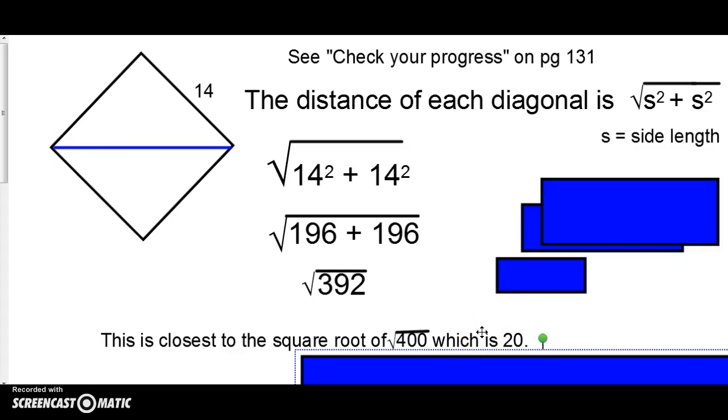They gave us the formula. We just plugged in the 2 sides, squared them, added them, and then found the square root. And what is it closest to? You would say 20. You could also, with your calculator, just find the square root of 392. And obviously, if it has a decimal of 0.5 or greater, you'd round it up. So that's an option also.